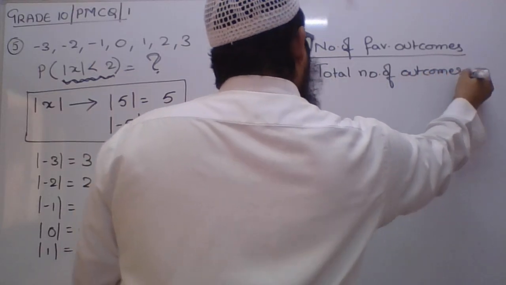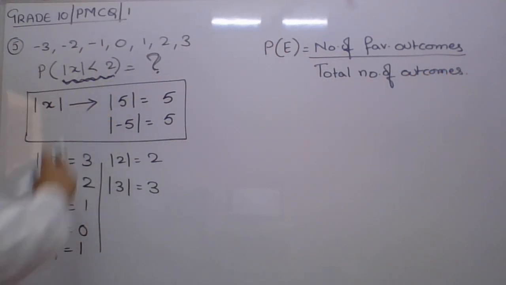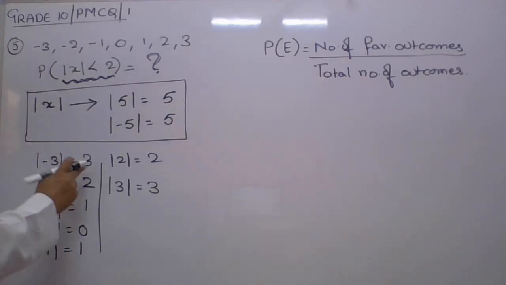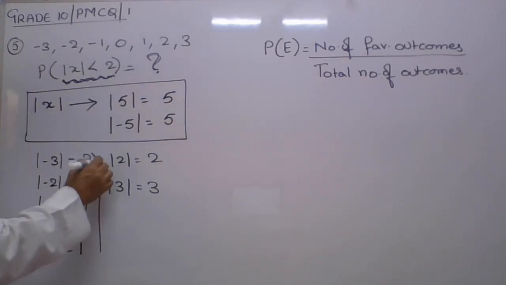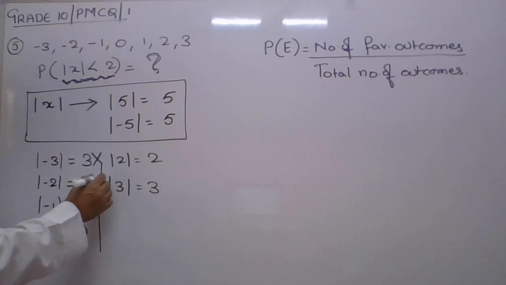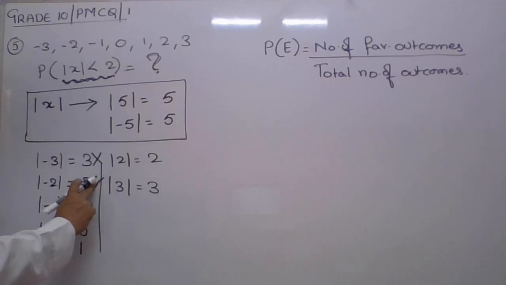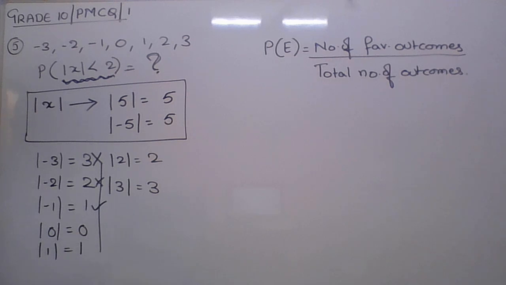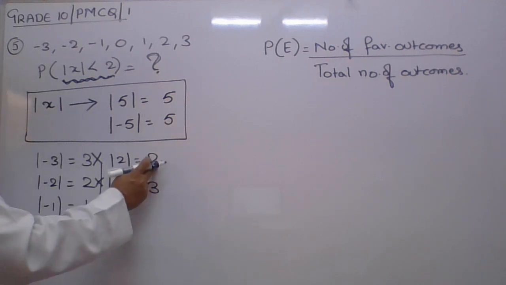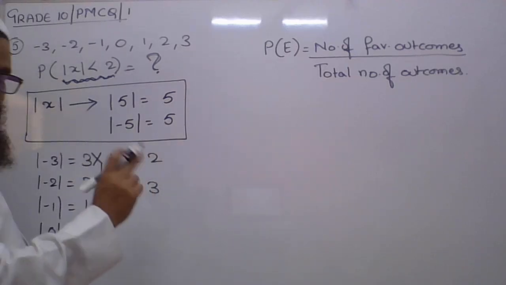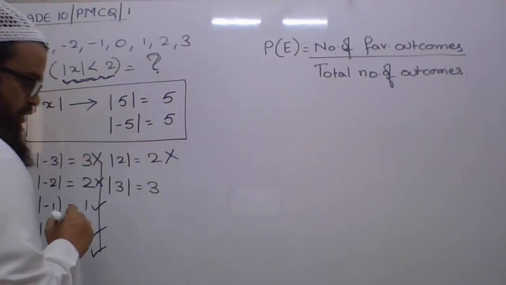Now let us see here. He told mod x should be less than 2. So is 3 less than 2? No. Is 2 less than 2? No. Is the other 2 less than 2? No. Is 1 less than 2? Yes. 1 is less than 2. 0 is less than 2. 1 and 2. It is not less than 2, it is equal to 2. Therefore, this is not our probability.